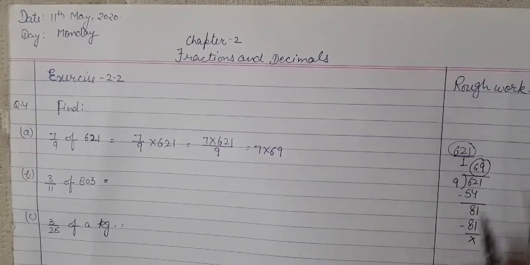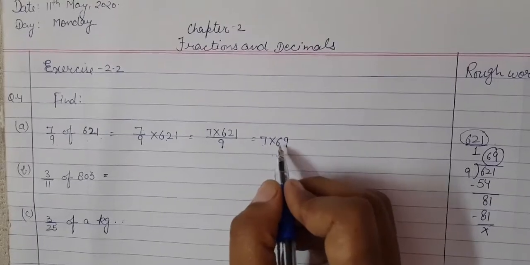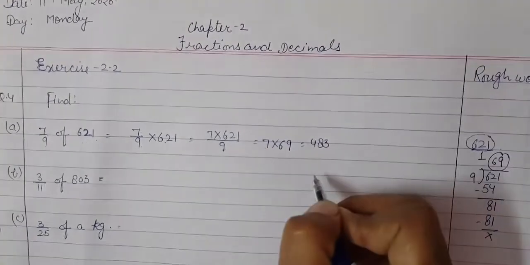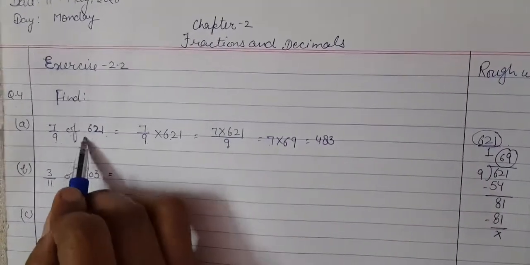So 69 will be the answer for that, and if we multiply 7 with 69, we will get 483. So 483 will be the answer for this problem.